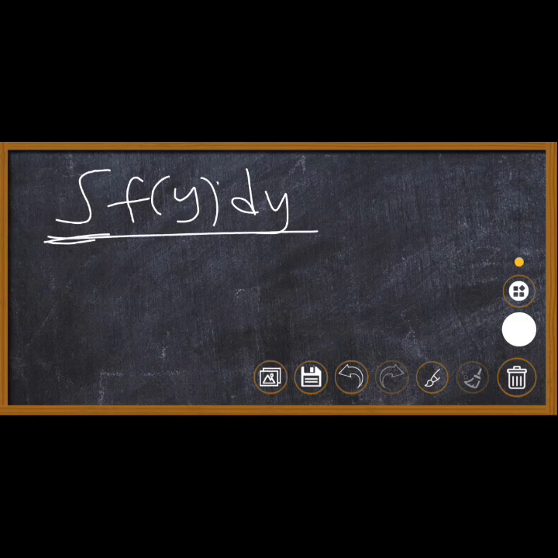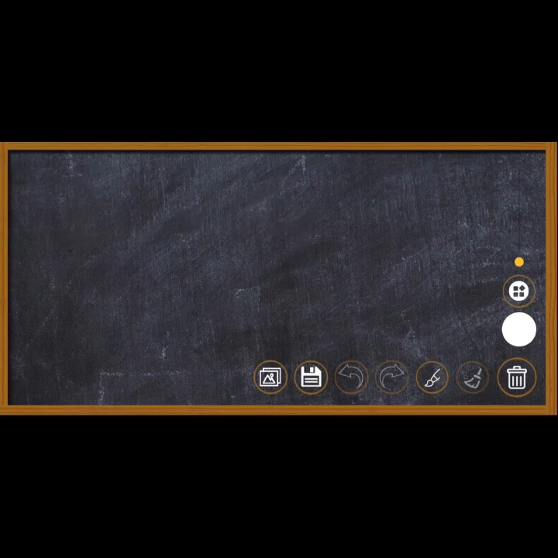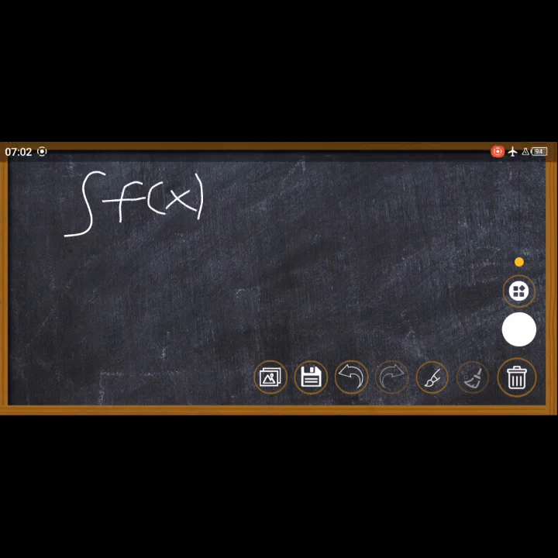Whatever function you have been given has to be here, and then it has to have the same variable here with which you are differentiating. So let's say you have been given the function f of x. Here you have to integrate with respect to what? To x.